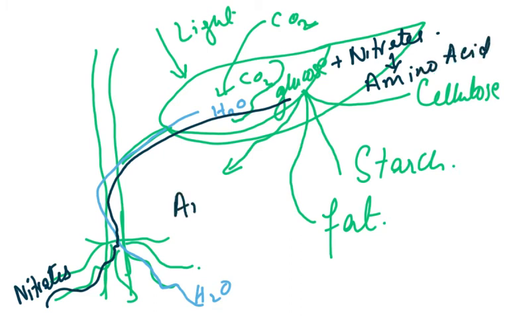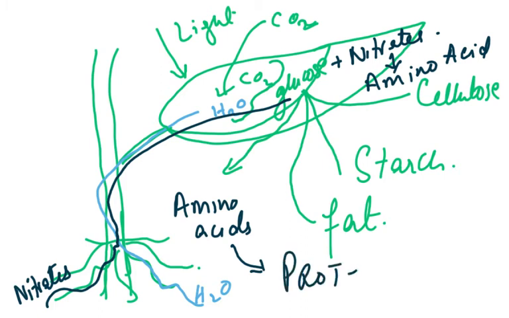So amino acids can only be formed if there are nitrates present in the soil. And then these amino acids are going to be converted into proteins. So what we have to understand is that the glucose molecule is the basic unit which is needed, without which nothing can happen, without which this plant cannot grow.